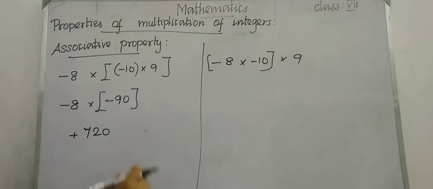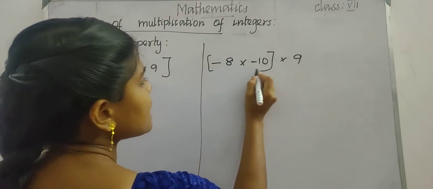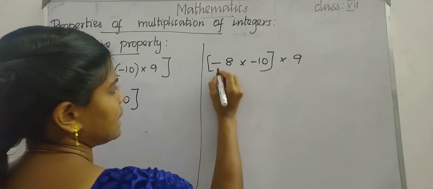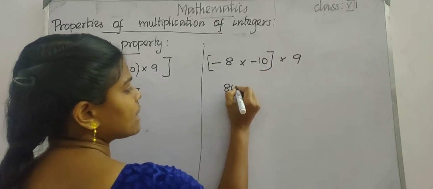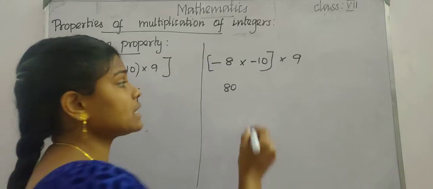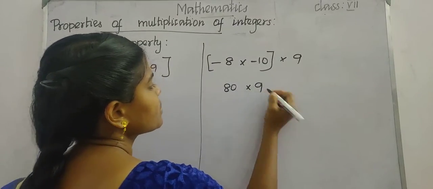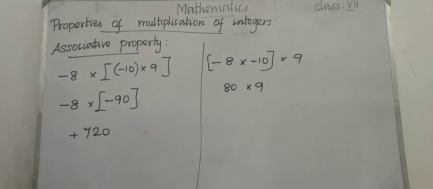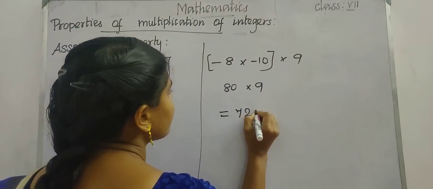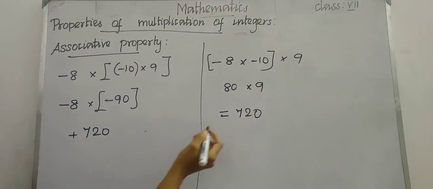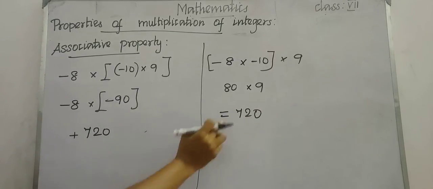So let me multiply. 8 into 10, 8 10s are 80, so minus into minus, plus, so plus 80. Okay children, so 80 into 9, what will you get? 8 9s are 72, 80 into 9 means 720, so plus 720. So we got the same answers, right?